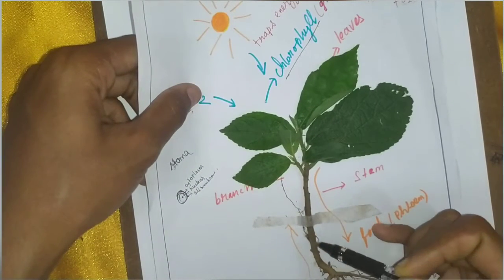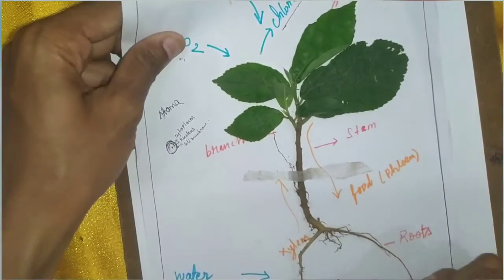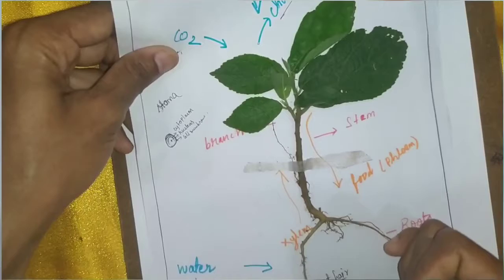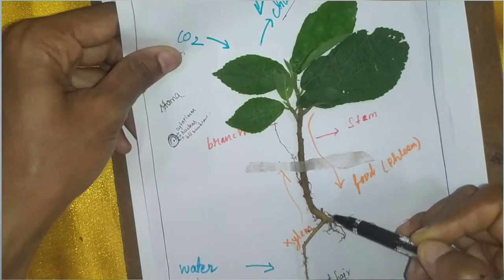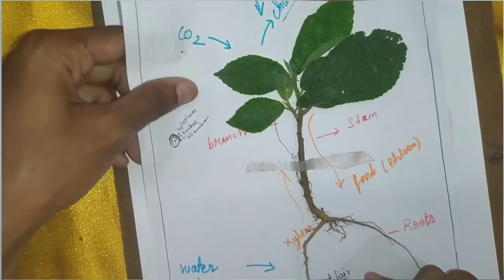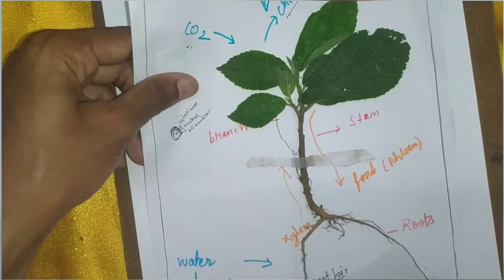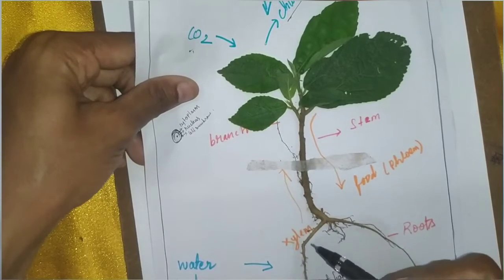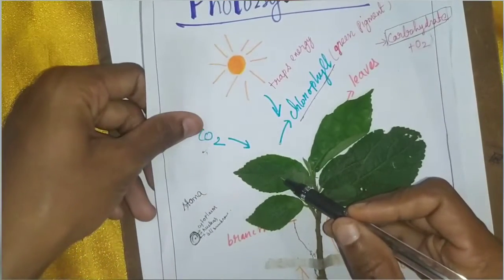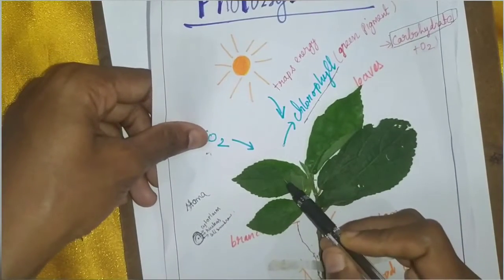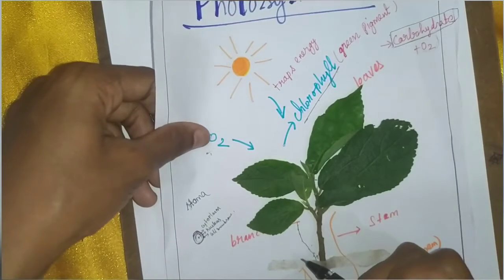They form a common path throughout the root, the stem and the branches, means it is present everywhere in the plant. So the xylem vessels absorb water and minerals through the root from the soil particles and transport them to the leaves. This way carbon dioxide, water and minerals are reaching the leaves.